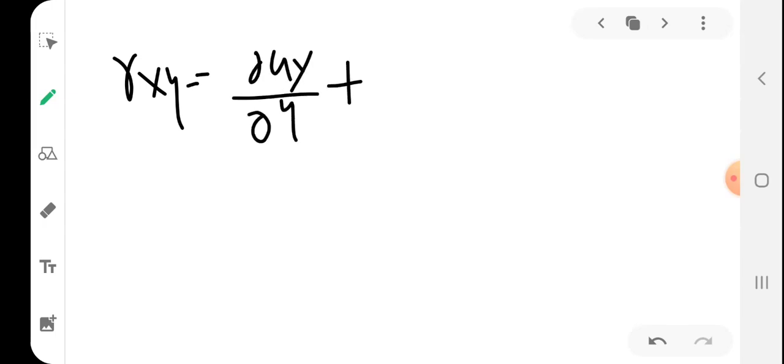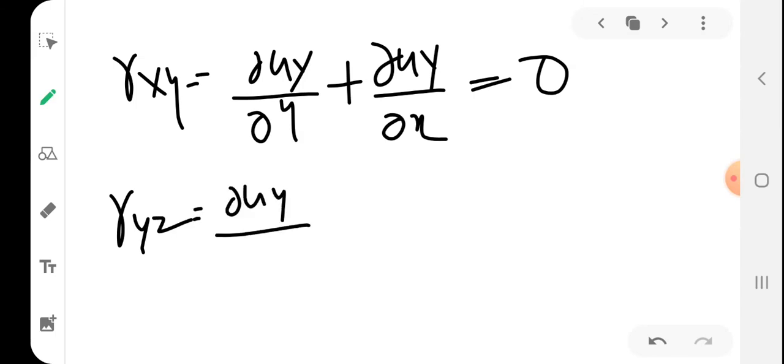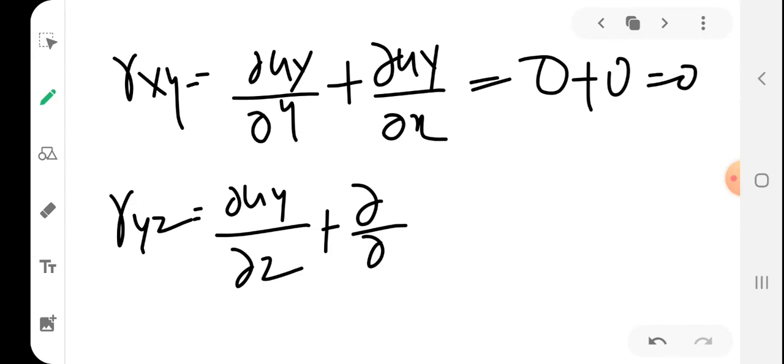Now you will get gamma xy equal to ∂ux/∂y plus ∂uy/∂x, right? So this will be 0. Gamma yz equal to ∂uy/∂z plus ∂/∂y of uz.